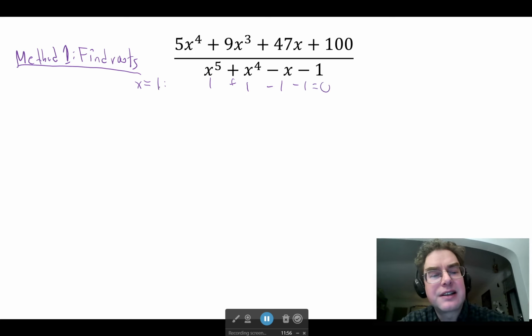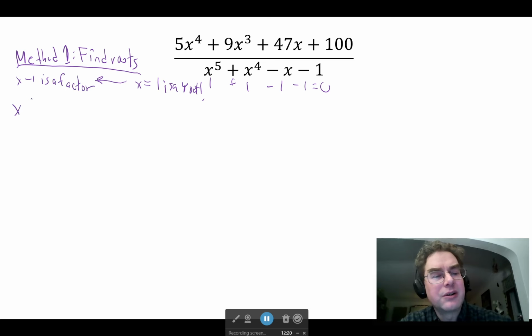And so that tells us that x equals 1 is a root. Okay, and because of that, that tells us that x minus 1 is a factor. That's due to that fact 1.